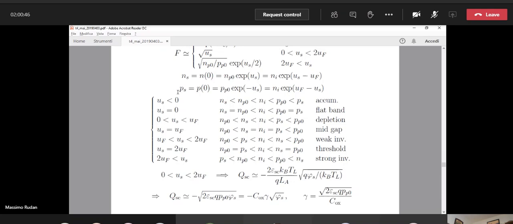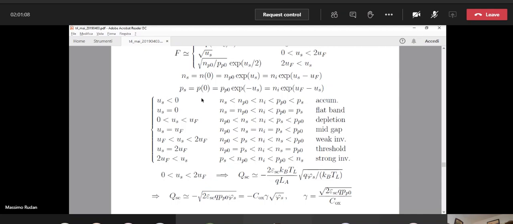Similarly, PS is PP0 exponential of minus US equal to Ni exponential of the normalized Fermi level less US, okay? So, the first zone, you remember, is for US negative.